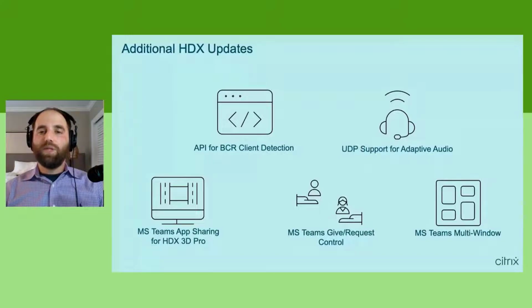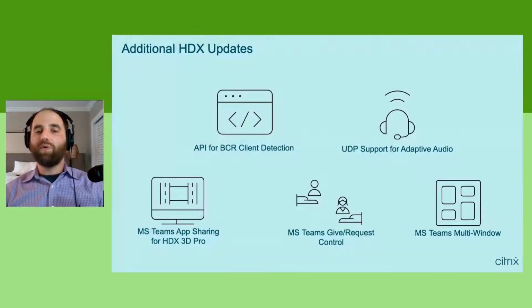Moving to the right, UDP support for adaptive audio. So I've had the pleasure of working closely with the product management team lately on the release of adaptive audio and creating videos and collateral around it. Adaptive audio is one of the most comprehensive overhauls we've done to the Citrix audio subsystem in years.